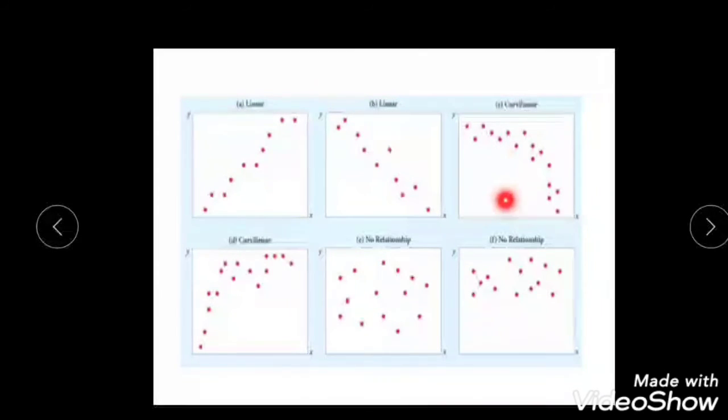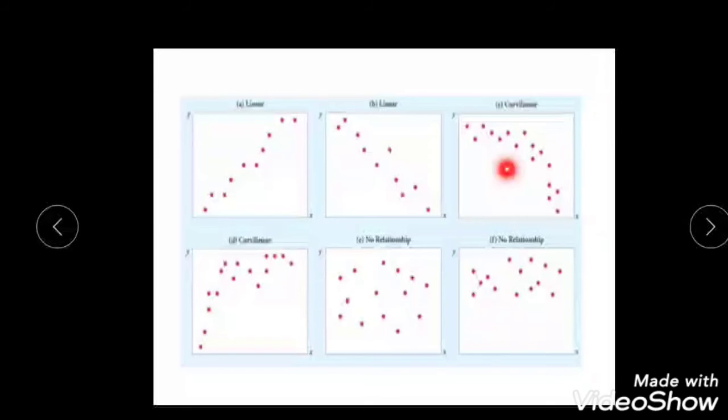And if you look at this C, it is a curved linear relationship. It is an inverse relationship, which means that the value of y decreases with x. But this is not a well defined relationship like an arc of a circle, or one which can be represented by simple quadratic equation terms like x square, y square.